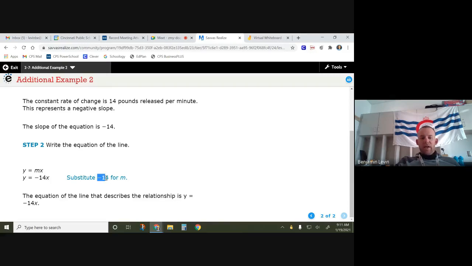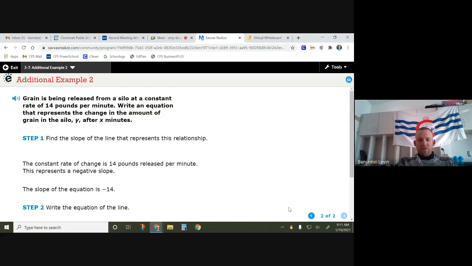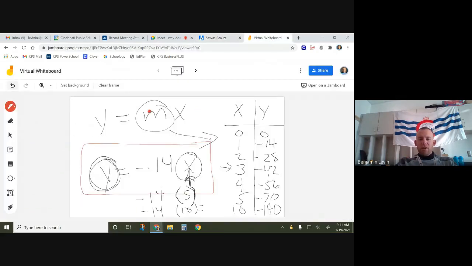We substituted negative 14, which is our slope, for m, because m represents slope in this equation. In every equation that's dealing with graphing linear equations, y equals negative 14x.